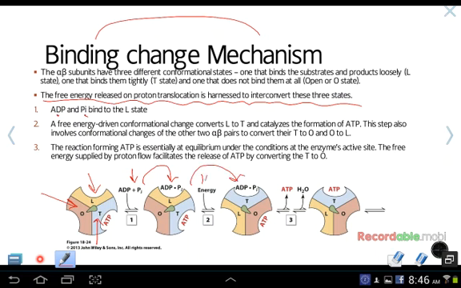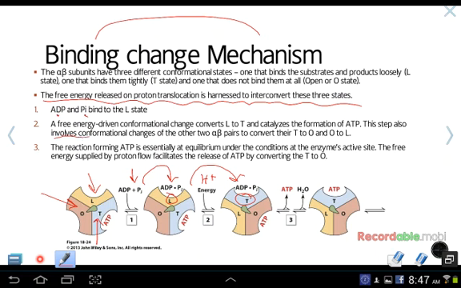So as protons are moving through ATP synthase, that energy is harnessed to drive a conformational change from the F1 through the FO in order to drive this L to T conformation. Once we're in the T state, a free energy-driven conformational change converts L to T and catalyzes the formation of ATP.